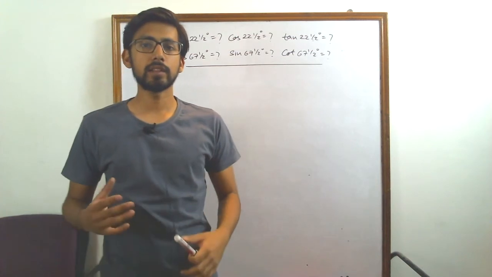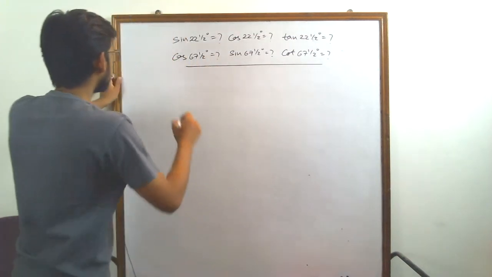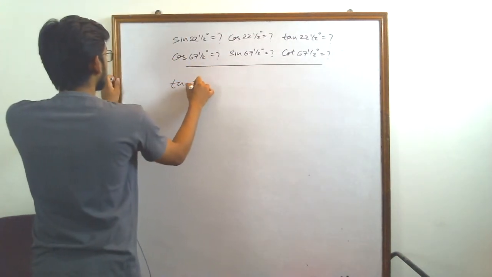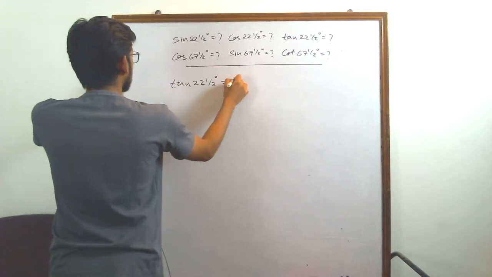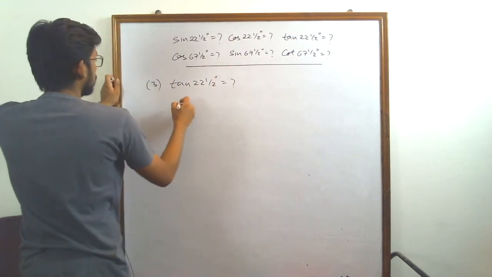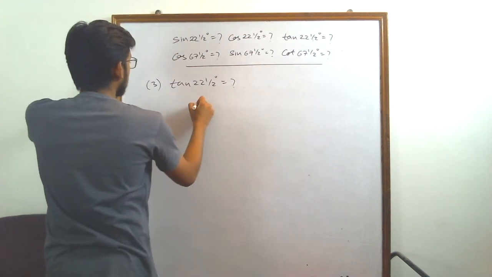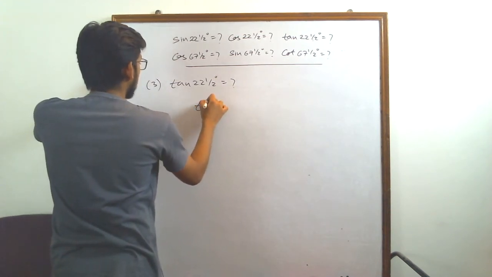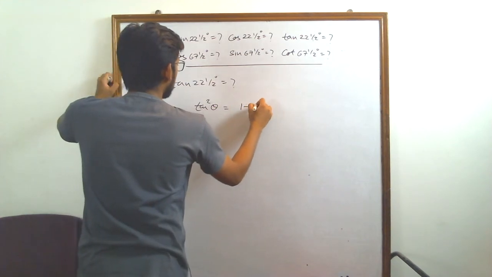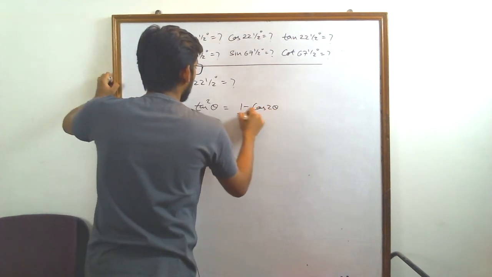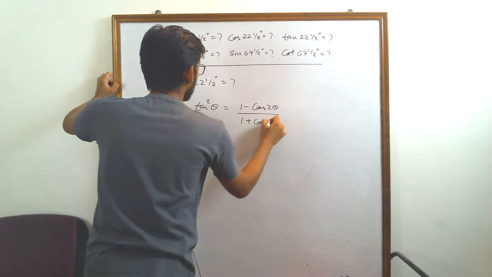So guys, let's look at the value of tan 22.5 degrees. The formula that we'll be using to get the value here is tan square theta is equal to 1 minus cos 2 theta upon 1 plus cos 2 theta.